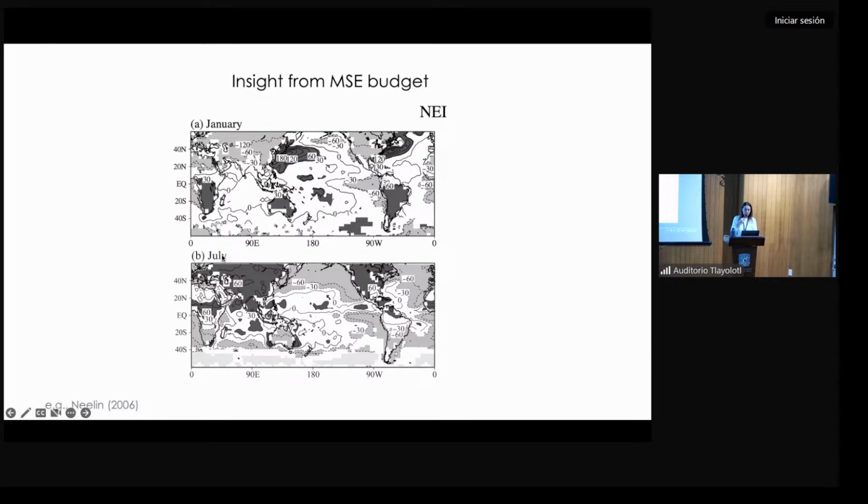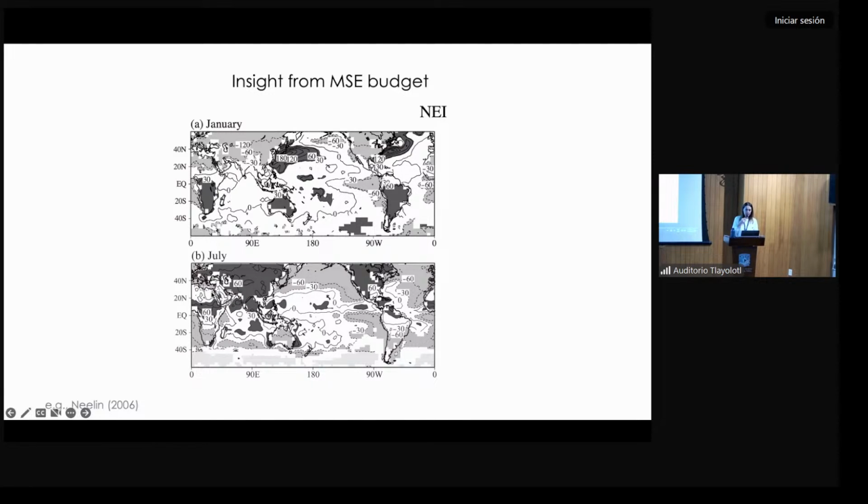Focusing on Northern Hemisphere summer, and I'll conclude in 2 minutes, let me emphasize that almost all of the continents, not just in the tropics, have positive net energy input, except in desert regions.